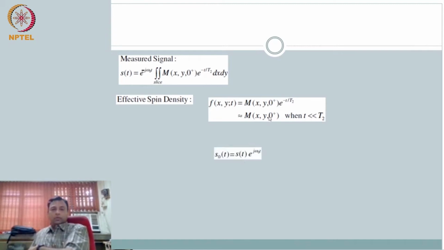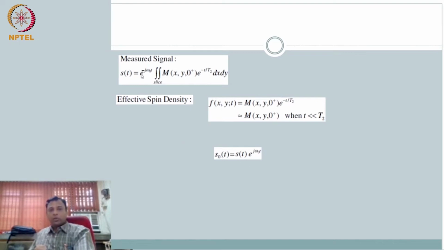Of course, I will first not work with S of t. Almost all of the instrumentation, all of the MRI signal acquisition and processing works with the demodulated signal. Okay, so we'll use the baseband. So instead of using S of t, which has e power minus omega t, a high frequency, we will use S of t into e power plus omega naught t.